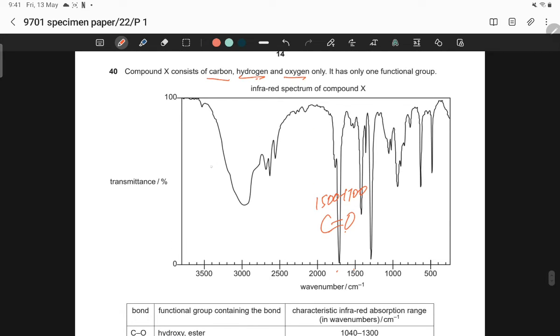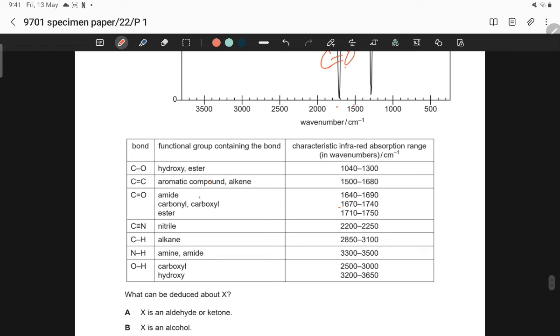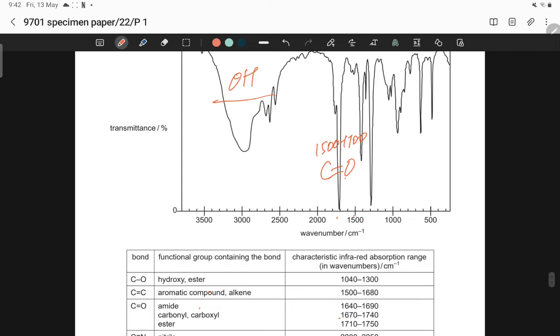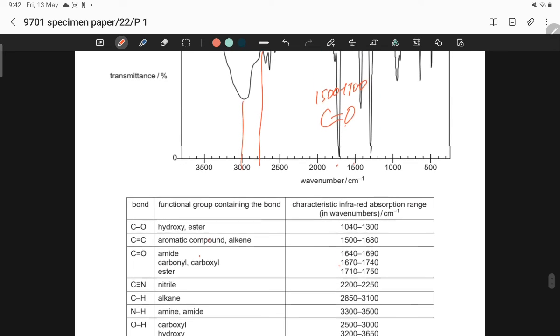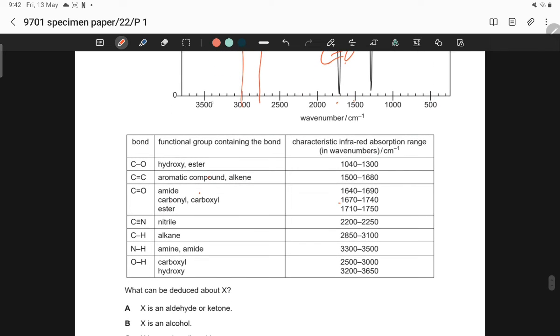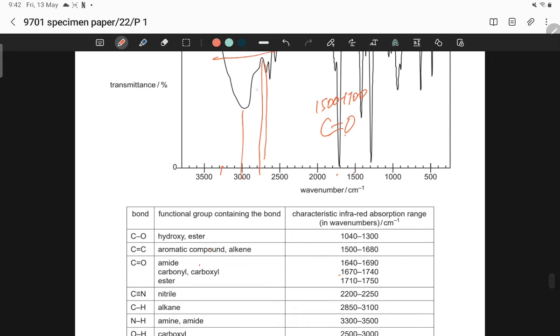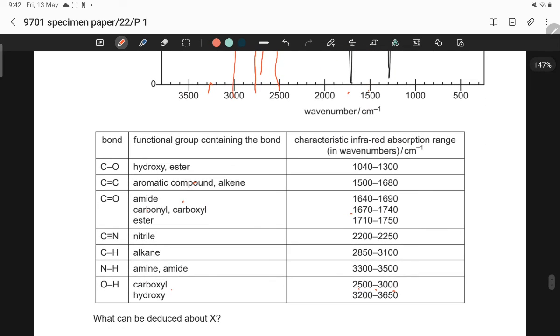Now this is the broad peak. The broad peak is the OH peak, and this is OH of around 3000 to 3300. For carboxyl, 2500 to 3000, we start from here, 2500 to 3000.